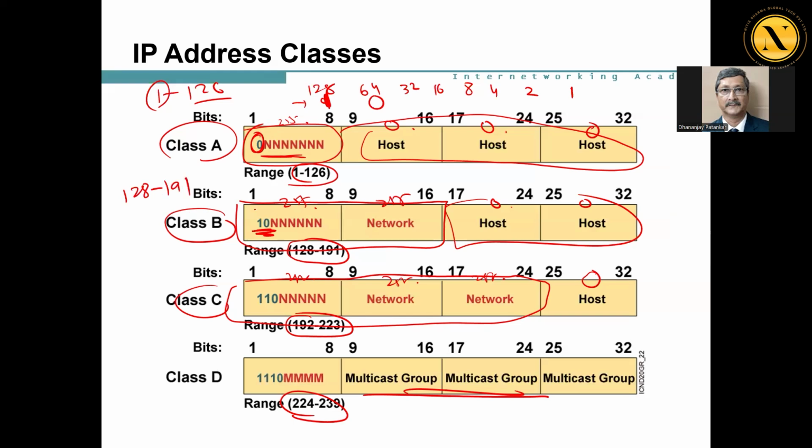And likewise, class C, the first three bits will always be 110. They are reserved and fixed, so don't worry, we don't have to do anything. Likewise, class D, 1110. So 0, 10, 110, 1110. Okay.